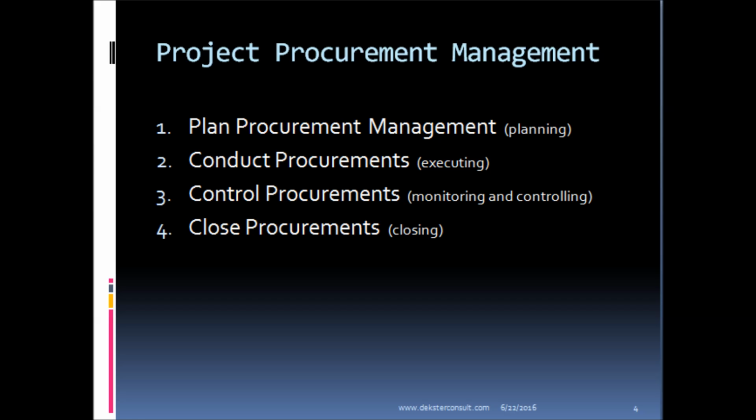These are the 4 processes that a project manager or a project management team will go through to effectively manage procurements on a project. Then this will apply to projects that require procurement. Some projects may not need procurement at all, and so these processes will not be necessary on such projects.